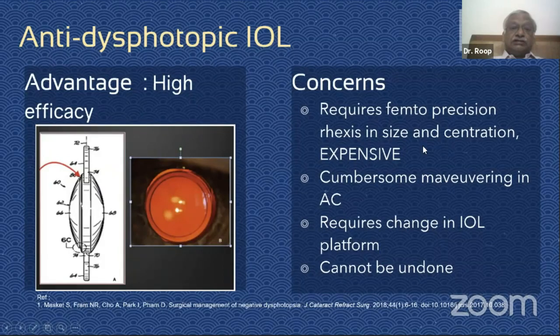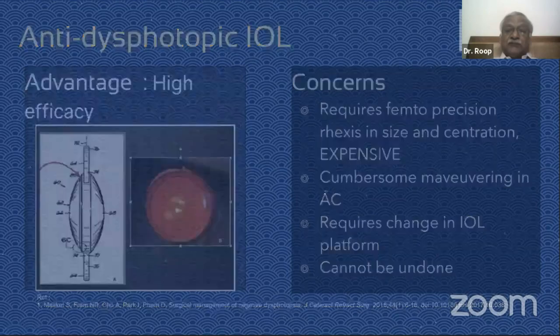However, it requires femto precision to make the capsulorhexis absolutely centered and of an absolutely precise size. So it becomes an expensive process. It is cumbersome to maneuver the anterior capsule into that groove, and it requires a change in the IOL platform. You will have to change your preference for an IOL to do this. And obviously this cannot be undone.